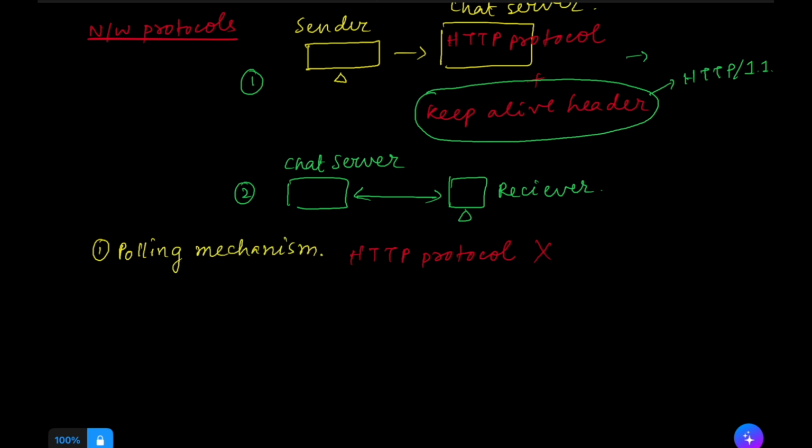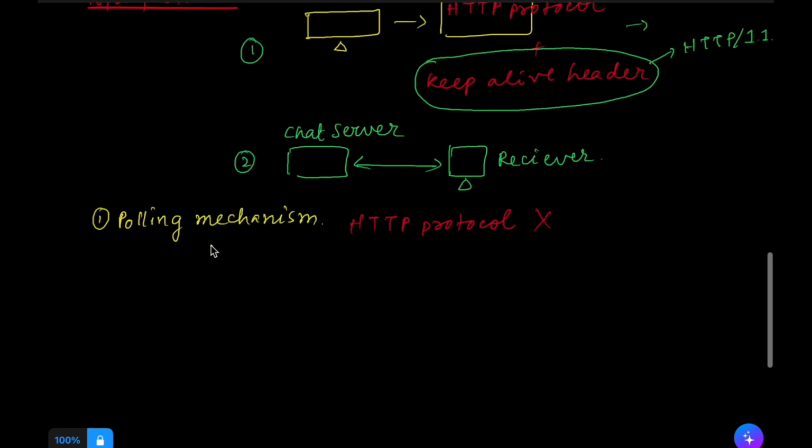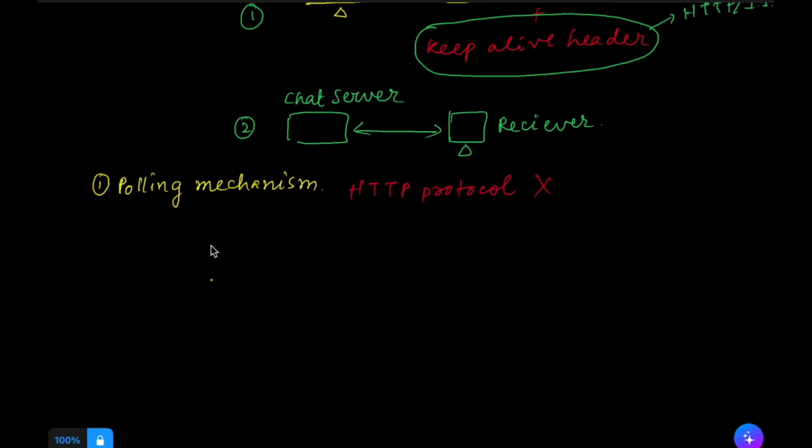In this, the receiver on the other end connects with the chat server using a HTTP protocol. The receiver tries to connect with the server by establishing a connection using HTTP and a TCP handshake in order to check whether there is a new message or not.